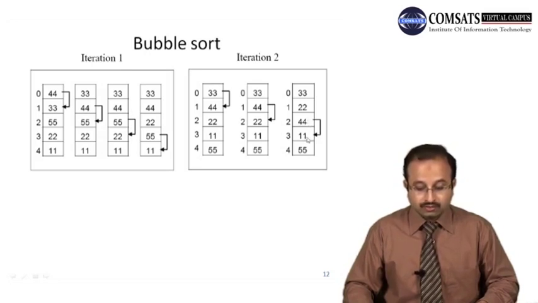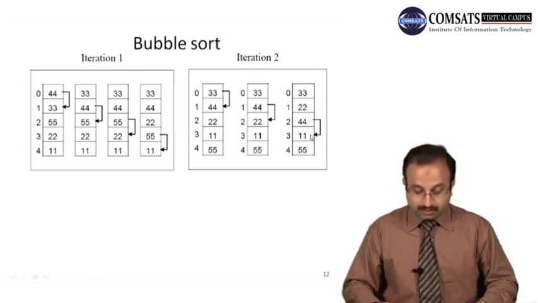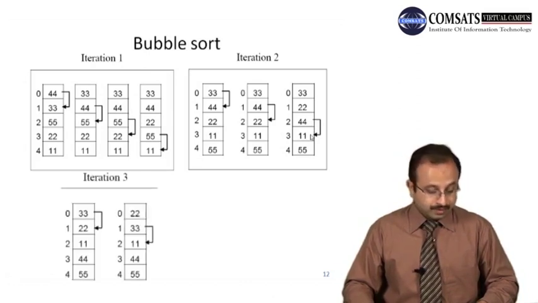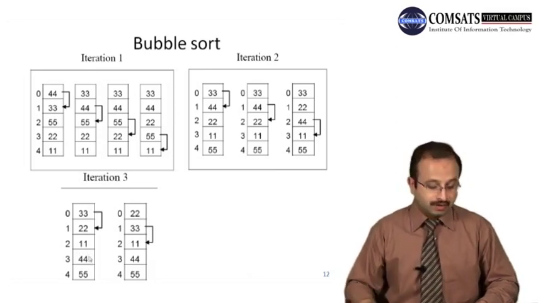So 11 is smaller, so it takes that element to the second index, and at the third index the value 44 will be copied. So it will swap those values. That is, at the end of second iteration, this is the output, and here you can see the second largest element comes at the second last position in that array.